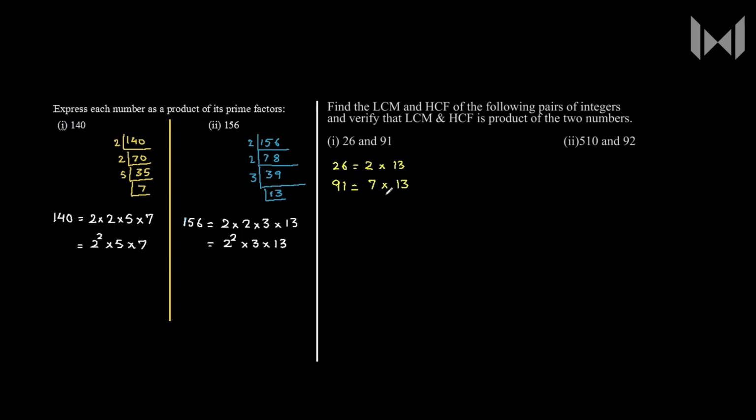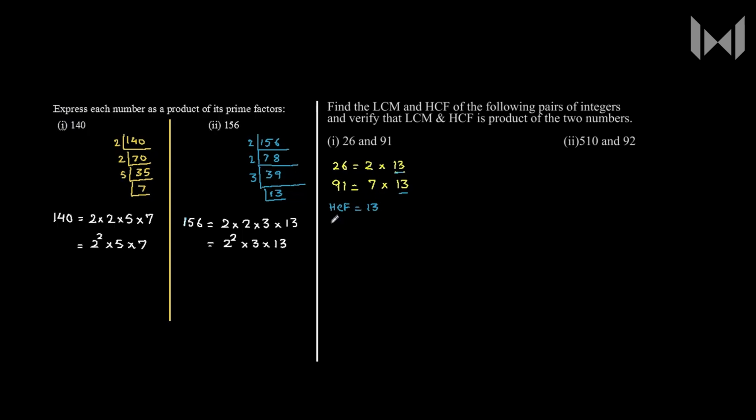Over here, first we look out for the common factor in both of them, and we can see that both of them have 13 as a common factor, and so HCF is equal to 13.